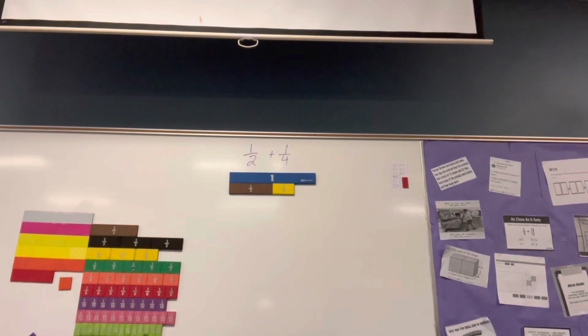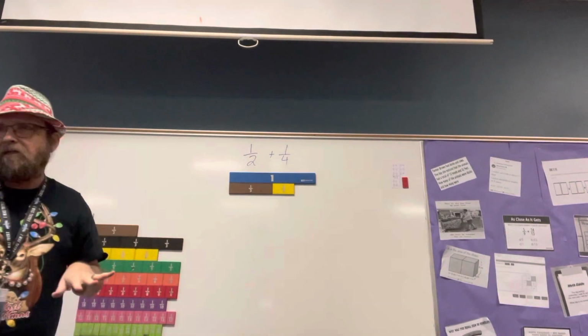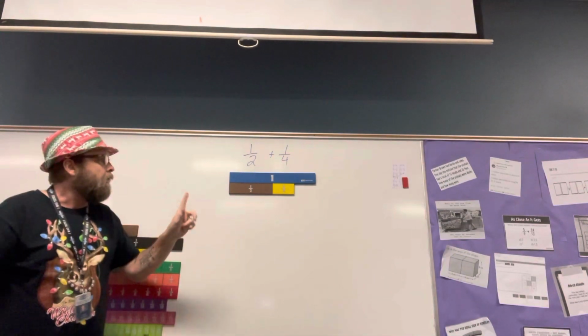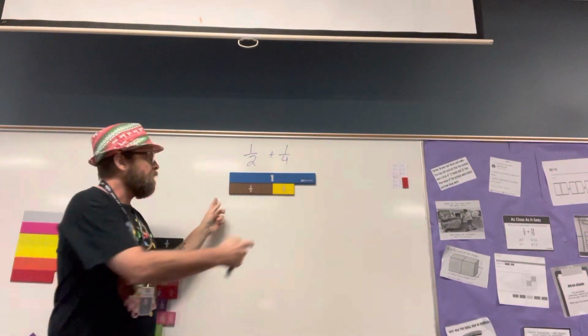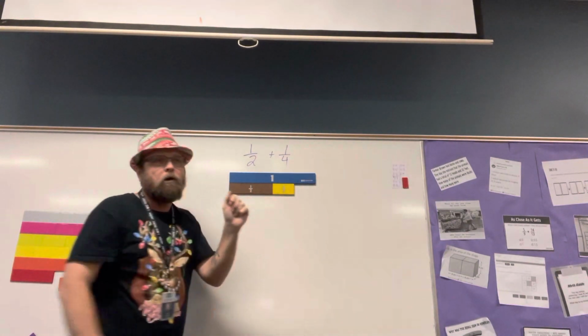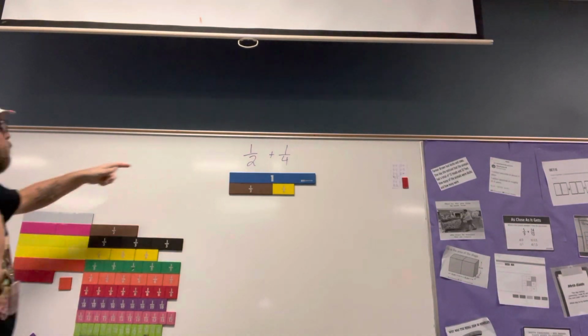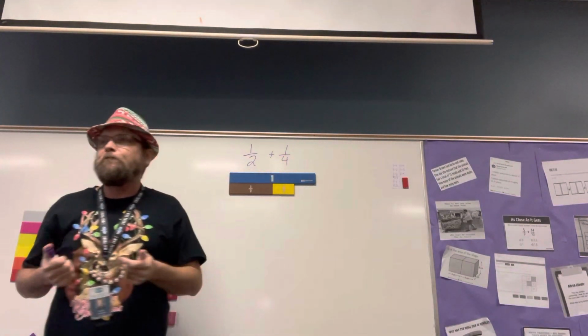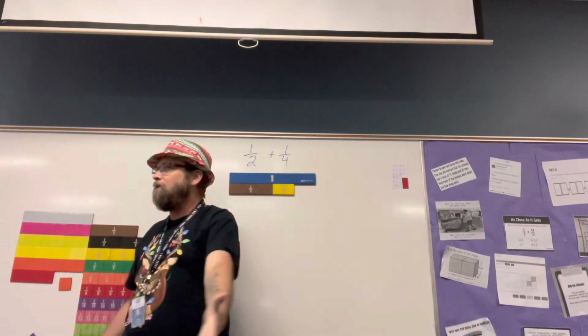I can't just put, well, I'll do a 1/3 and then a 1/5 and then a 1/6 and see if that fits. And if I look, I know my answer is less than 1 because adding 1/2 and 1/4 is less than 1. So now I got to find a denominator for 2 and 4, something they would both divide into evenly.